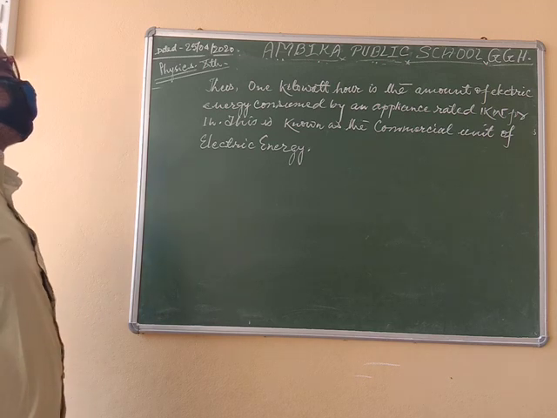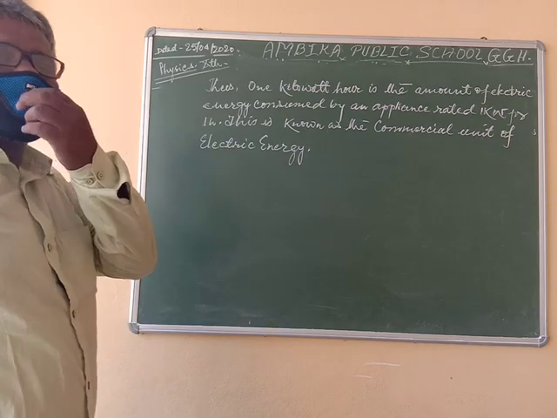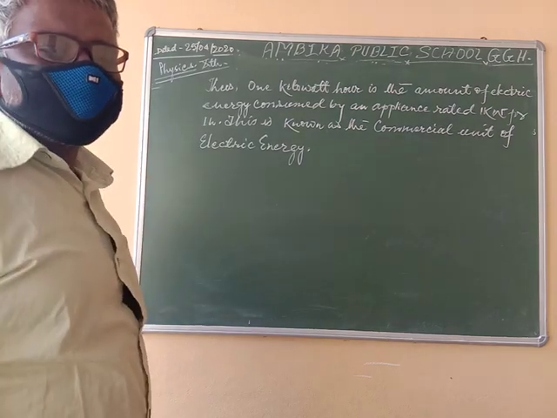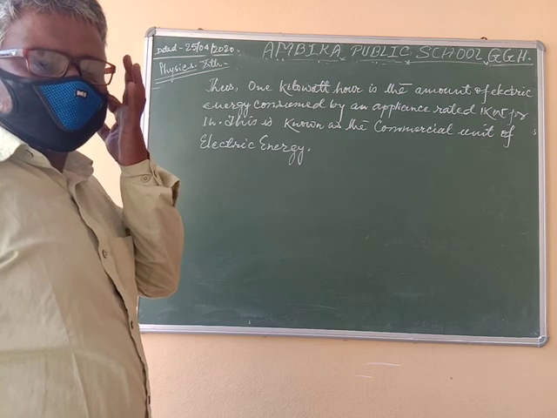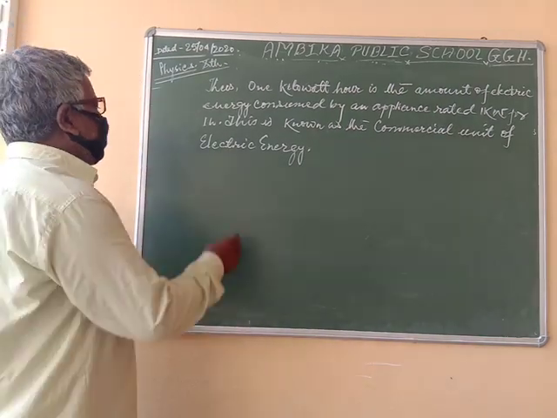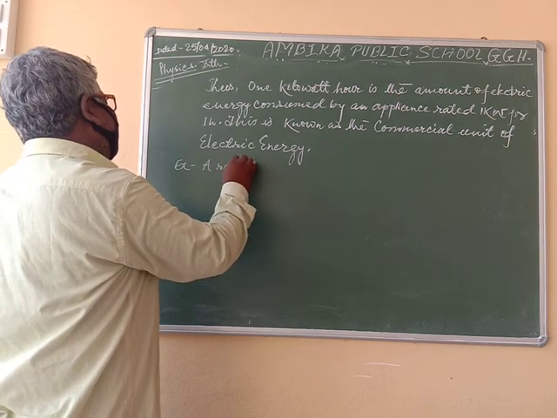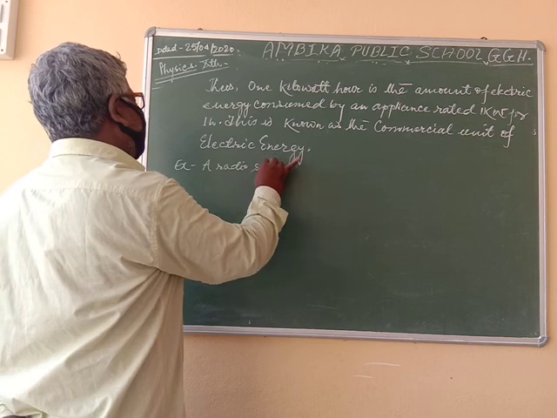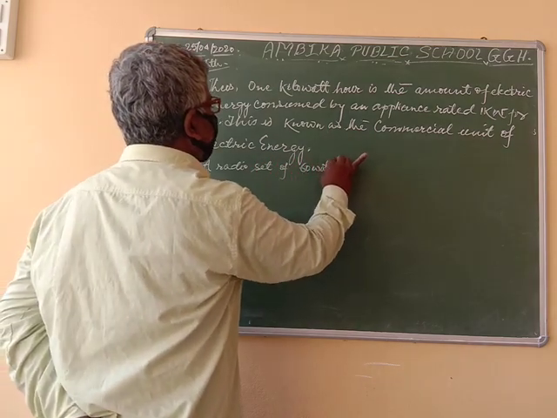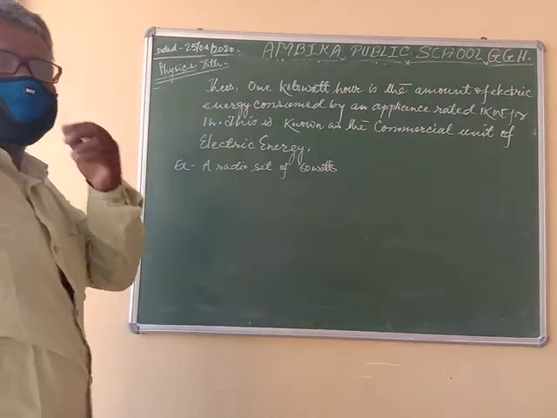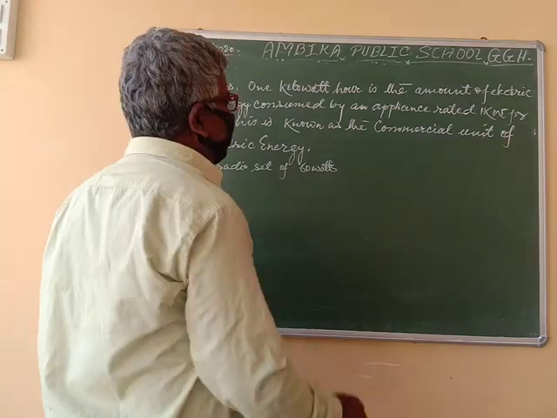For better understanding, we take an example. A set of 60 watt runs for 50 hours.